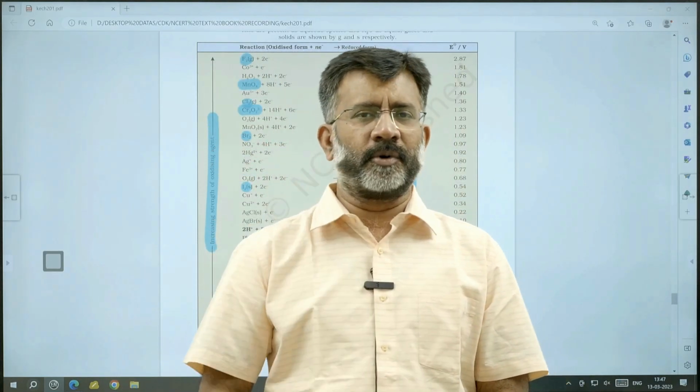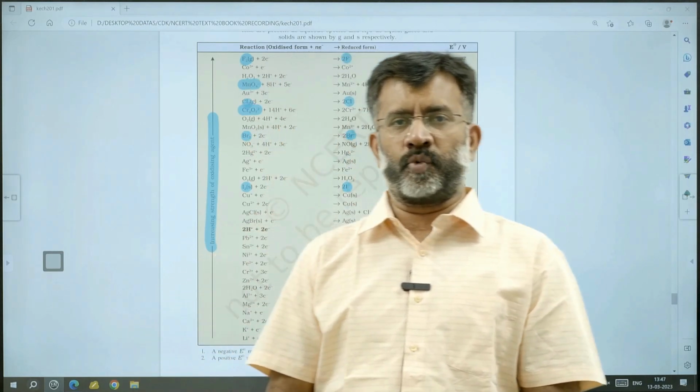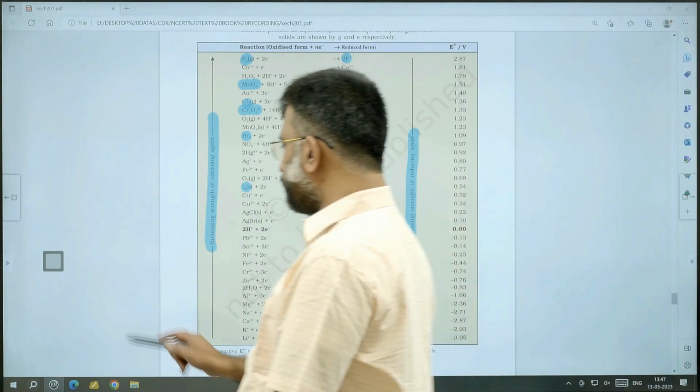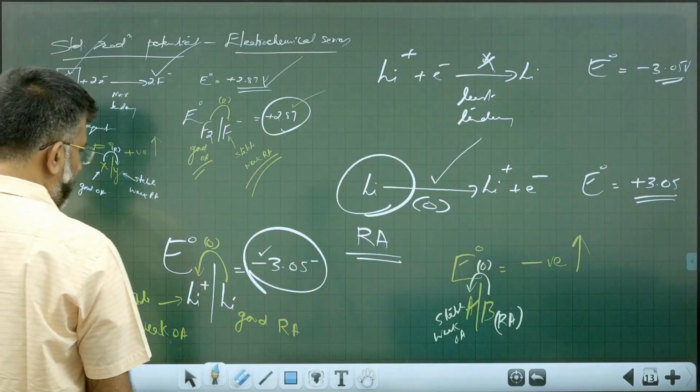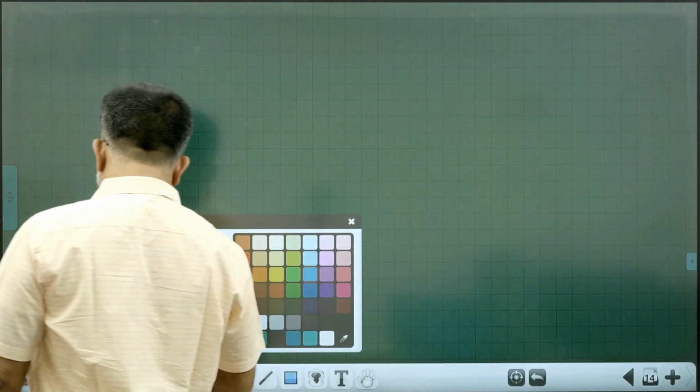The last portion from the chapter is balancing of chemical equation. That is one last topic from the chapter.